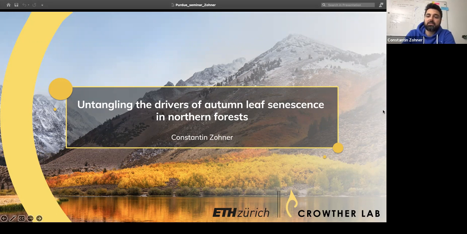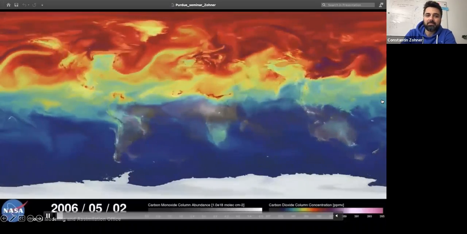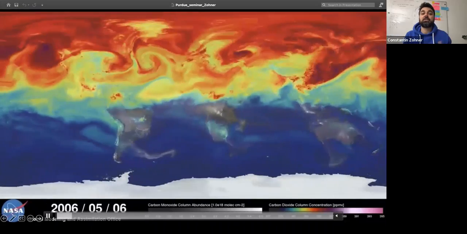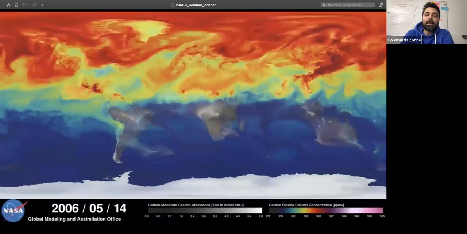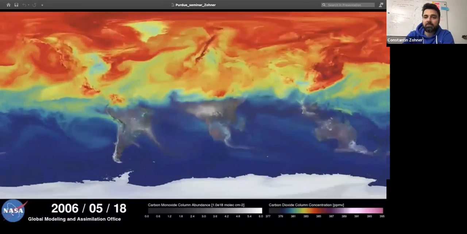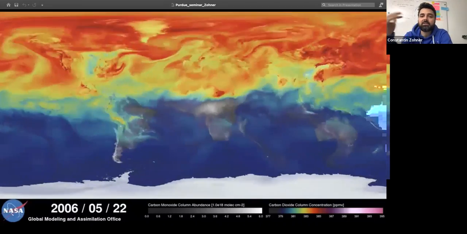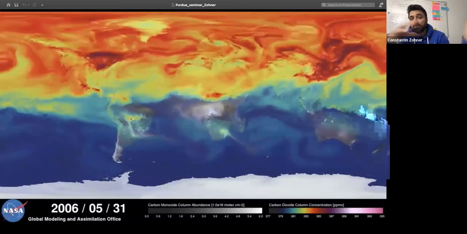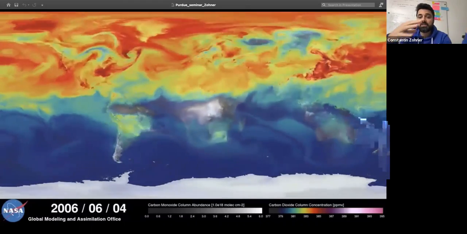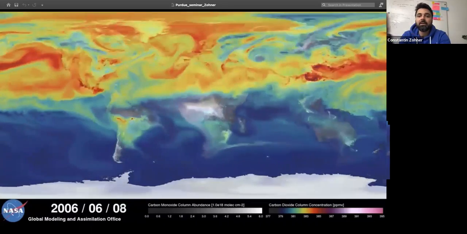The consequences of phenology for the carbon cycle are very nicely illustrated by this NASA simulation. What we see here is the CO2 concentrations over the course of a year, and we see these red colors, especially at high latitudes, which indicate high CO2 concentrations. As we move into spring and summer, we see that these colors start to fade.